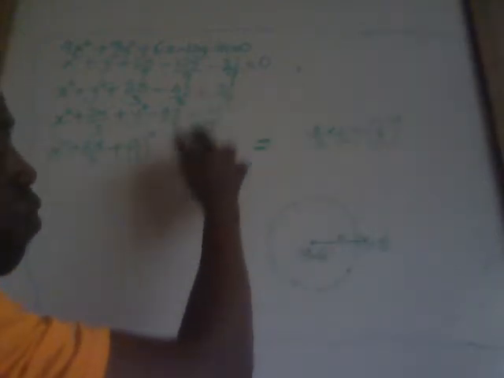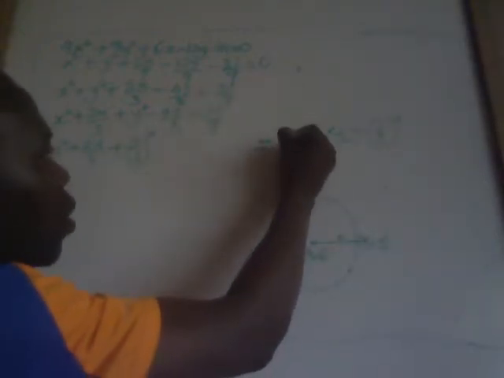so at this other side we're having 31 over 9. Don't forget that we're adding 1 over 3 squared to both sides.